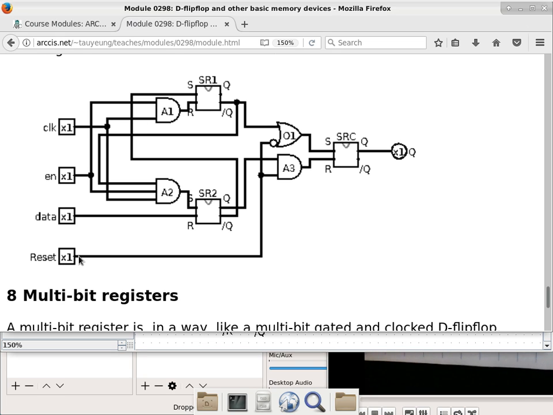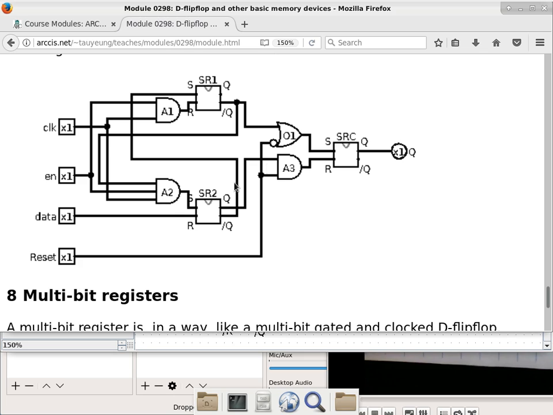When reset goes 0, it goes here. A3 becomes 0. The output of A3 goes to R of the final stage SR latch, and what does that do to Q? R is active low, which means when R is 0, we want to reset, and Q is going to be a 0. Is that okay?